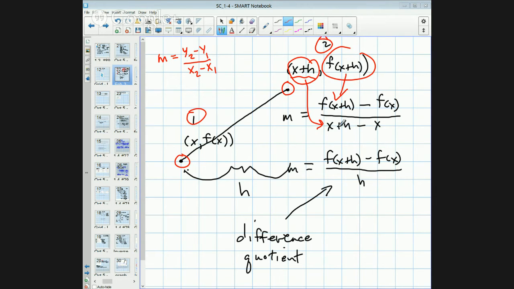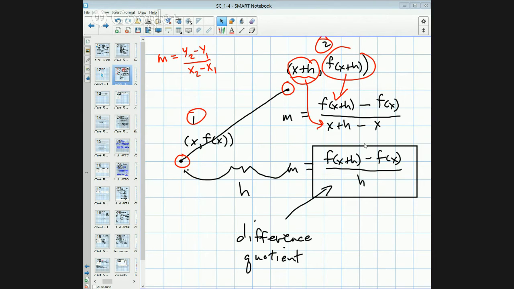But on the bottom, x plus h minus x, isn't that just h? Now, this is incredibly important for all of you survey of calc students. I'm going to highlight that by putting a rectangle around it. Let me even make it red.